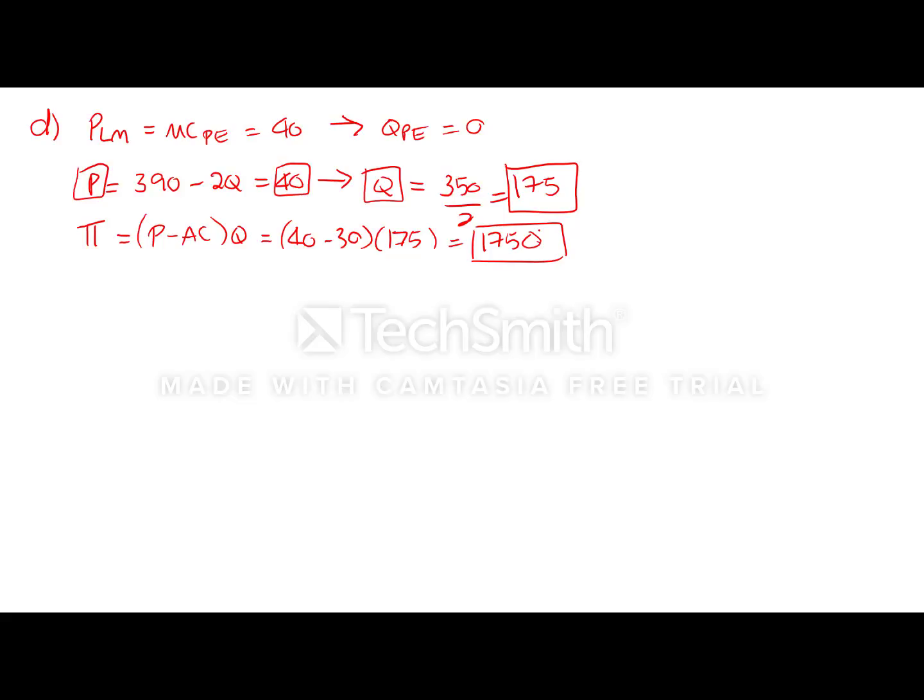We'll put this up in an extensive form of the game, or the tree form. This is question 6 now. So we have a potential entrant who will decide either to enter or to stay out.